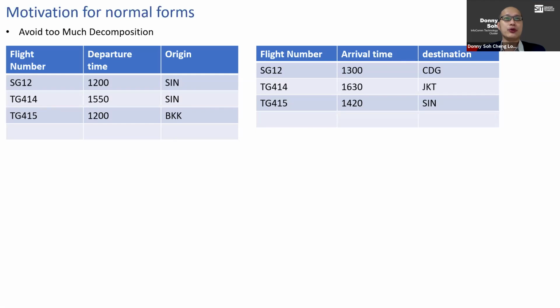So right now we are going to focus on what is the best way to decompose certain tables. So first thing is, of course, we want to avoid too much decomposition. You see two tables here. What is strange about these two tables?